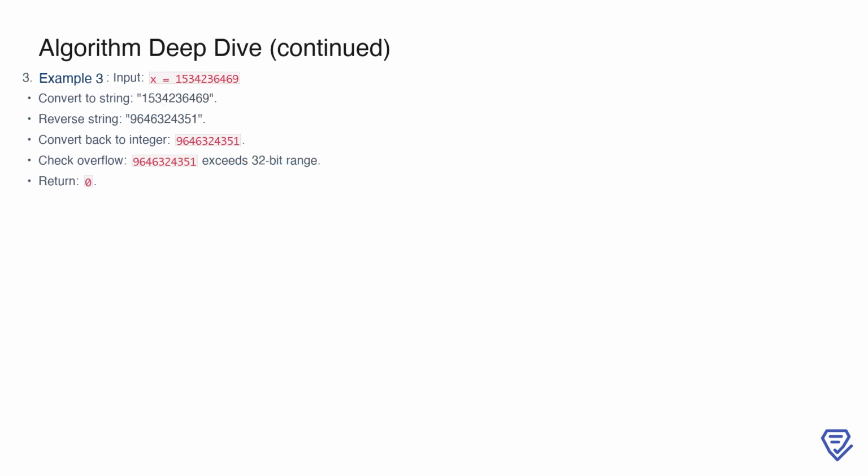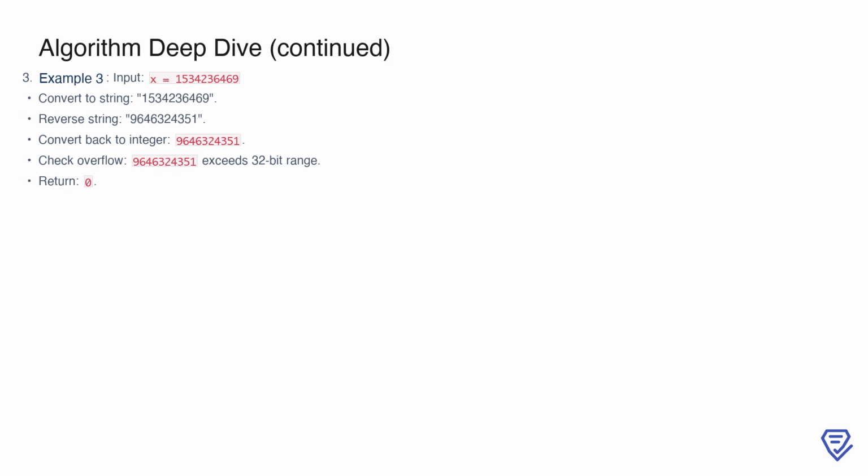Finally, let's analyze a more challenging case. Suppose the input is x equals 15342364669. After converting this to a string, we get "15342364669". Reversing the string results in "96463243551". When we convert this back to an integer, the value is 96463243551.